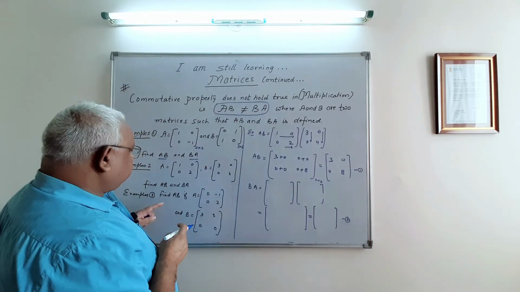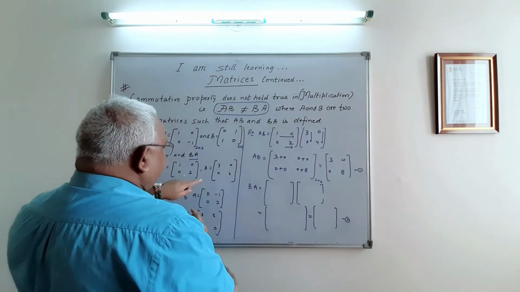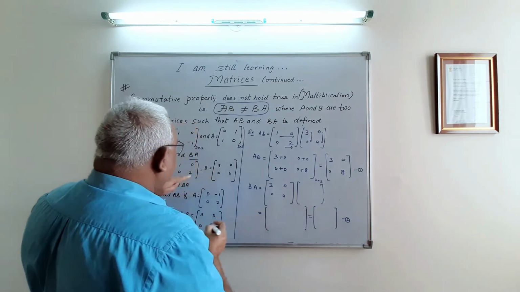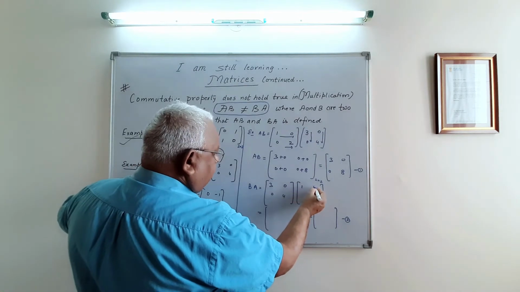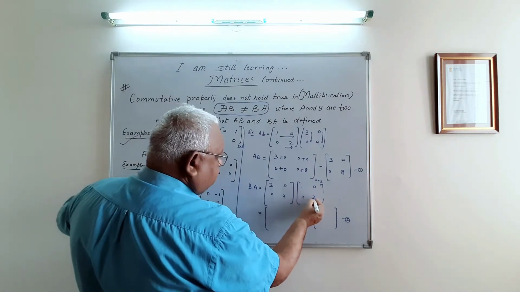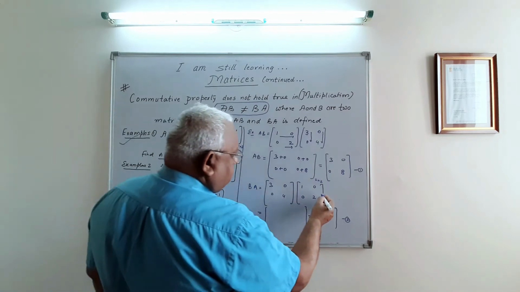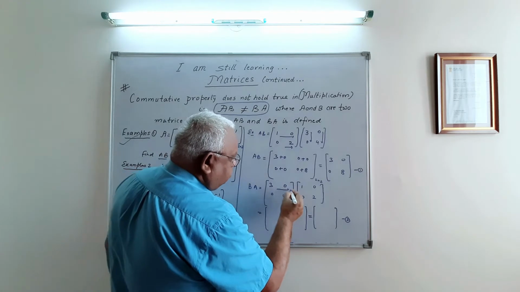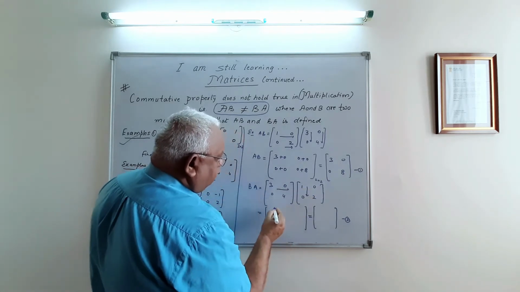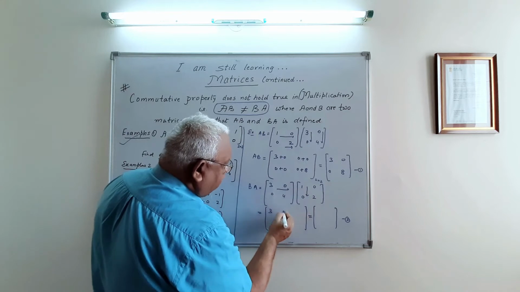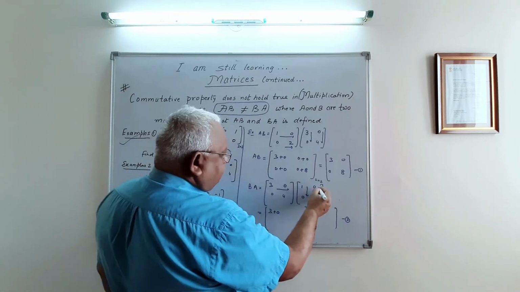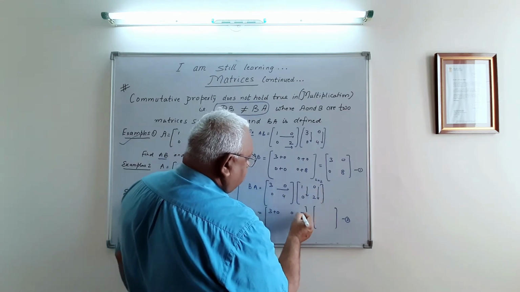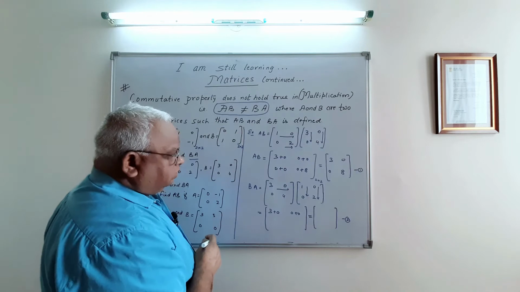Let us now go to BA. B is [3 0; 0 4], A is [1 0; 0 2]. Let us do this. First row, first column: 3 into 1 is 3, plus 0 into 0 is 0. First row, second column: 3 into 0 is 0, plus 0 into 2 is also 0.